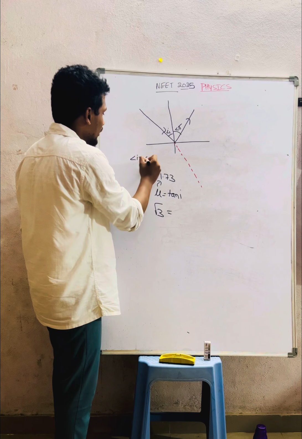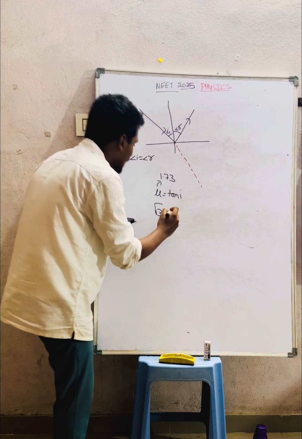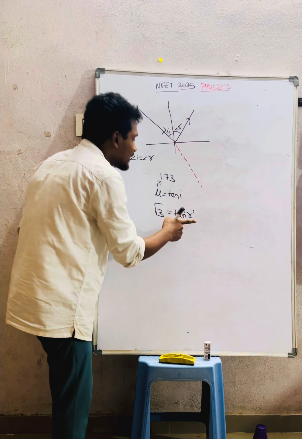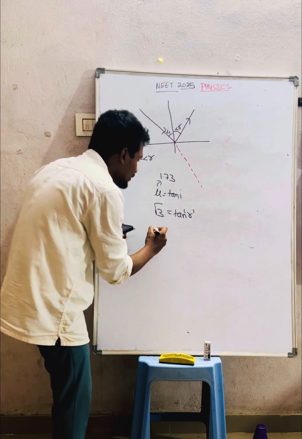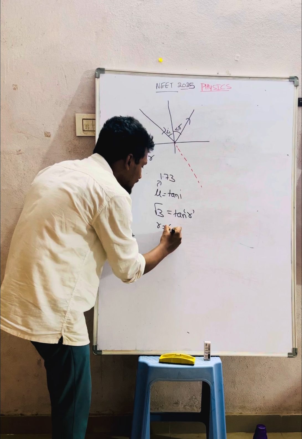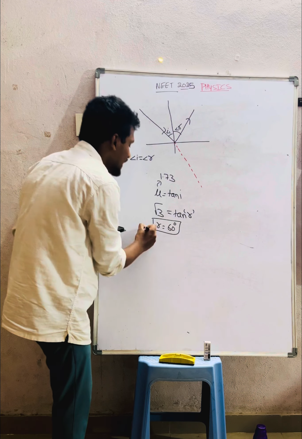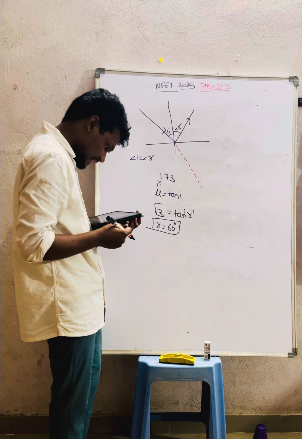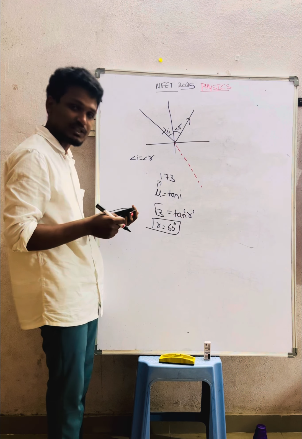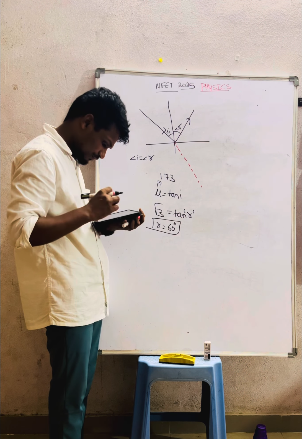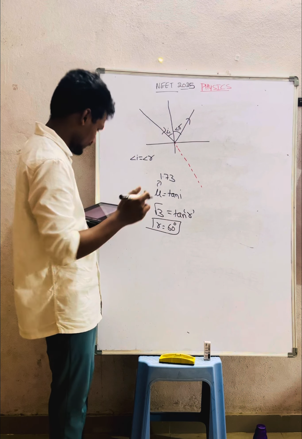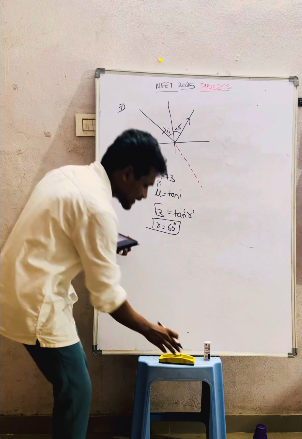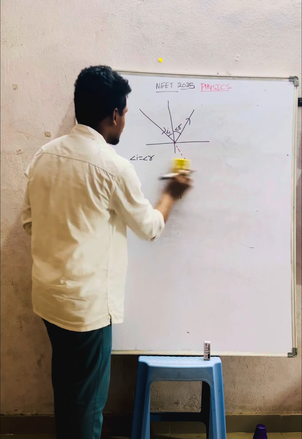This is the law of reflection: angle I is equal to angle R. Here R is the angle of reflection, not refraction. So R turns out to be 60 degrees, because tan 60 is root 3. So the reflected ray is completely polarized and the angle of reflection is close to 60 degrees, which is option 4. Fair enough. Now let's move on to the next question, question number 8.